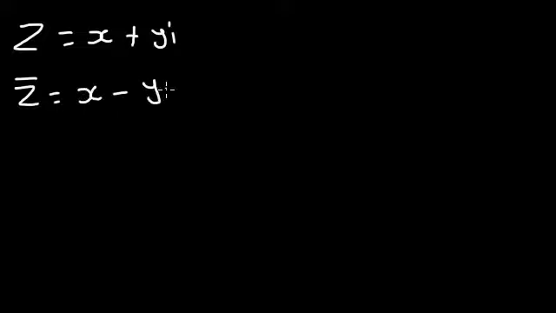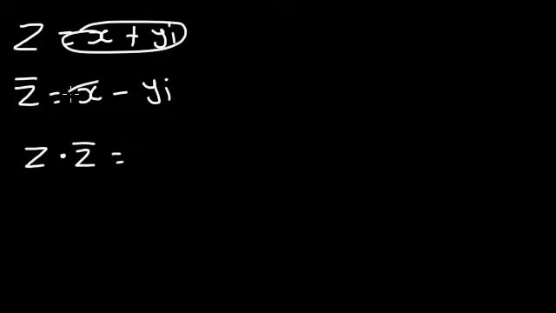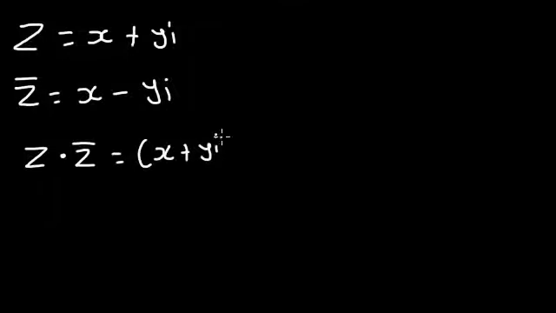Consider a complex number z equal to x plus yi. We know that the conjugate of this complex number would be x minus yi. Now, can we find the product of z and its conjugate? Well, we said the best way is to enclose them within parentheses. So this becomes (x plus yi) multiplied by (x minus yi).